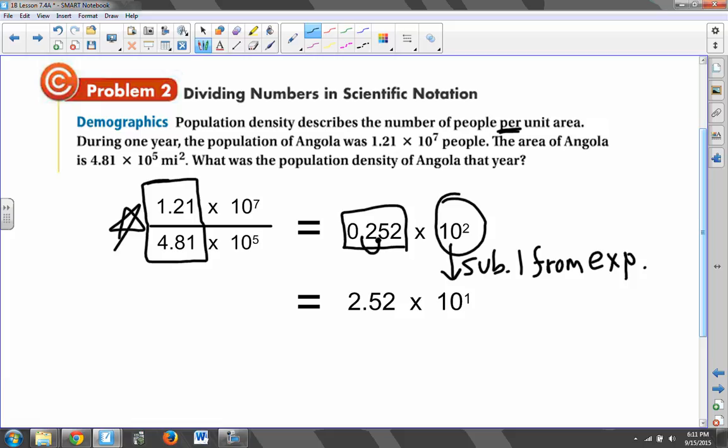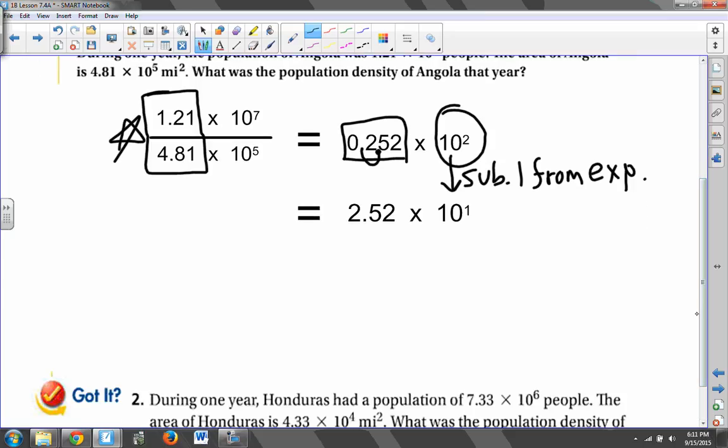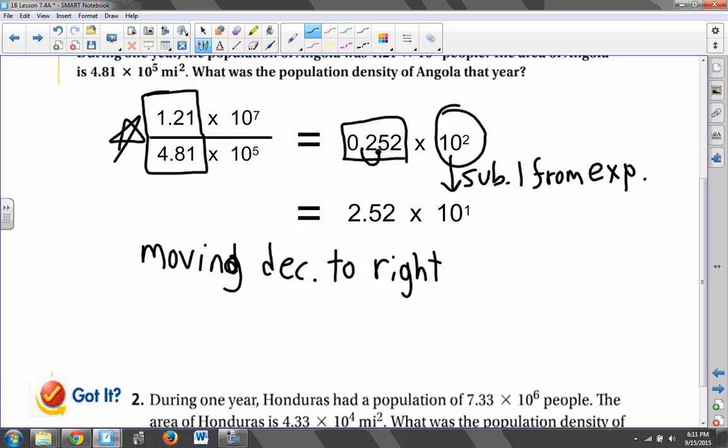Okay? So let me write that down, because it may be useful for you in science class or in this next problem. Okay? So moving decimal to the right, subtract from the exponent.